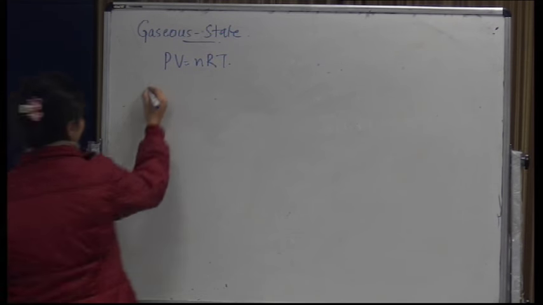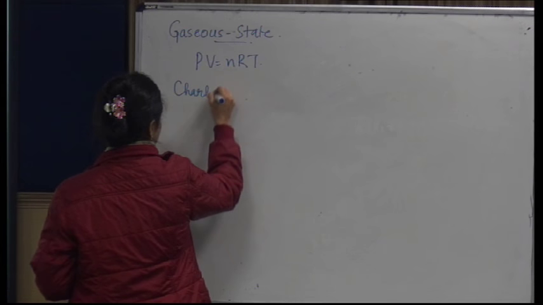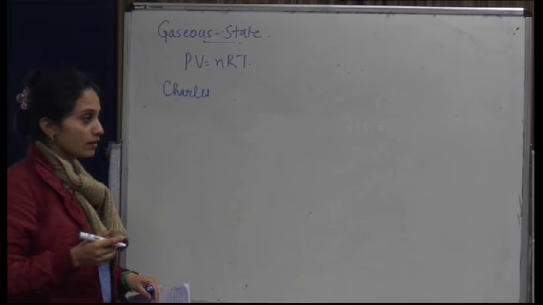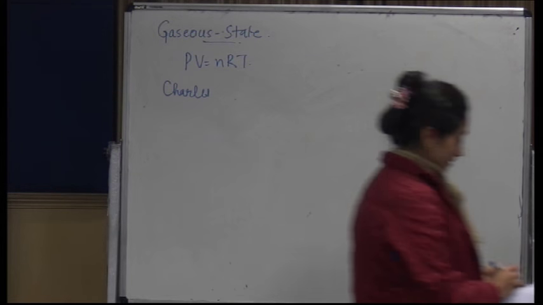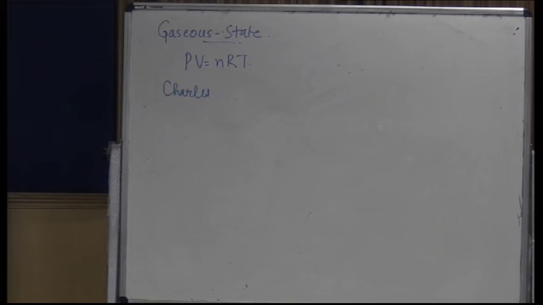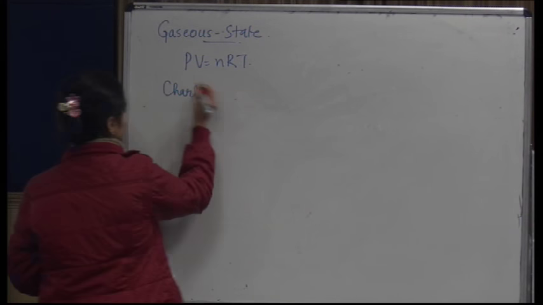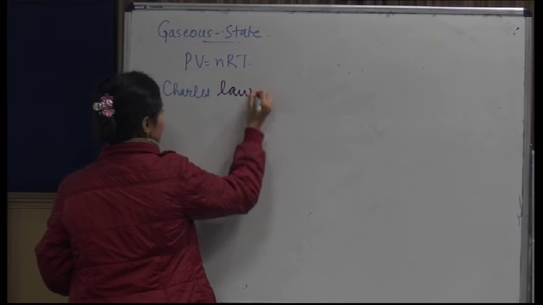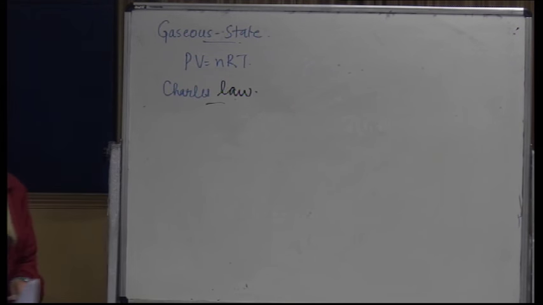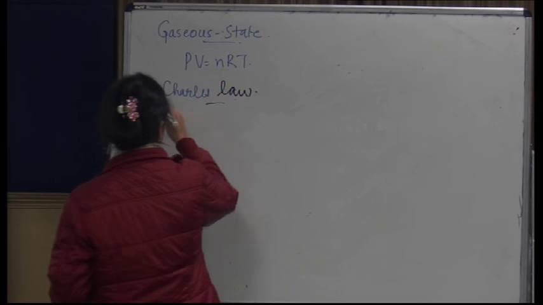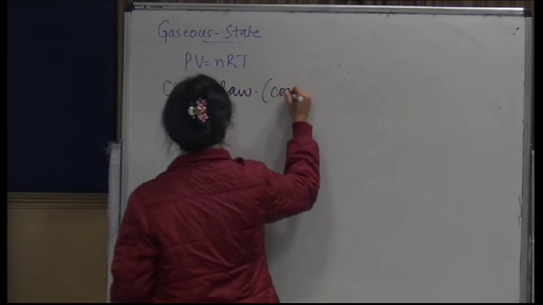Now you know that there are some laws which are followed by ideal gases. There are some gases which follow Charles' law, Boyle's law, and those are known as the ideal gases, right? According to Charles' law, we had a constant pressure and the amount was fixed.